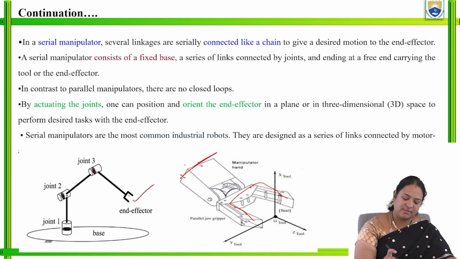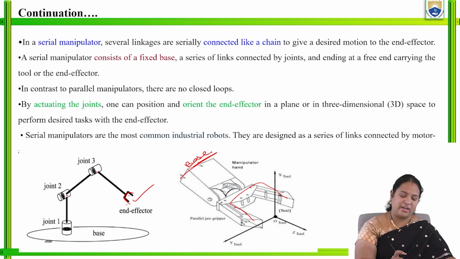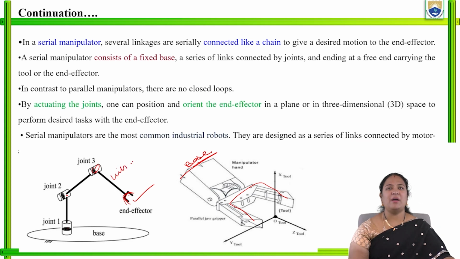This is the base, which is fixed, whereas the movement of the end effector will be done with respect to the joints and the links. That is, the serial manipulator consists of a fixed base and a series of links connected to the joints and ending at a free end carrying the tool.